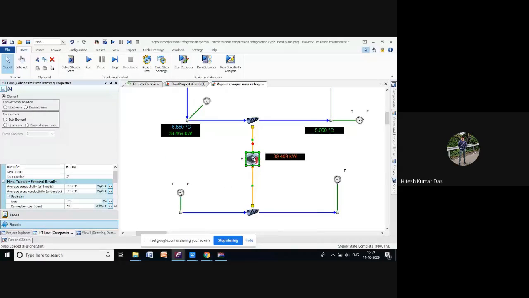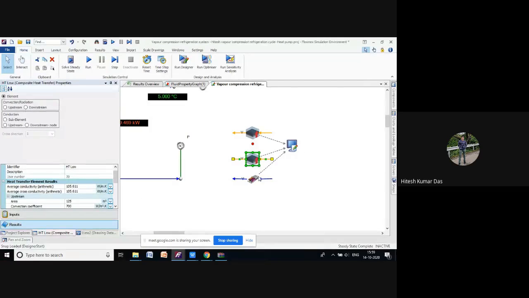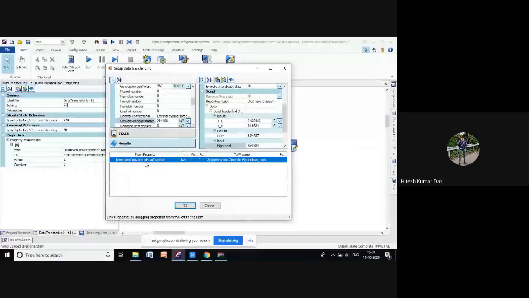So the same thing here also. If you click on View and go to this one, then you can go for this one. This is the data transfer link, for transferring data from this heat transfer to the script. If you right click on the stream heat transfer values, it goes to the script high heat values.